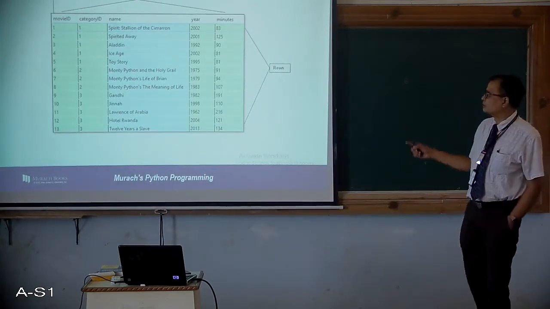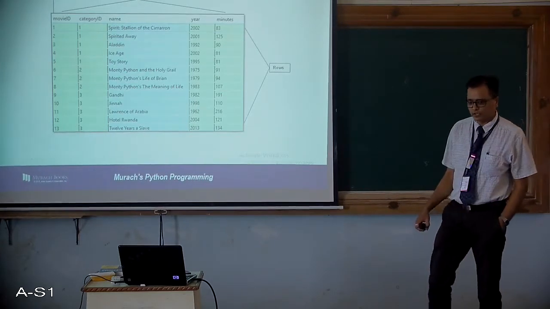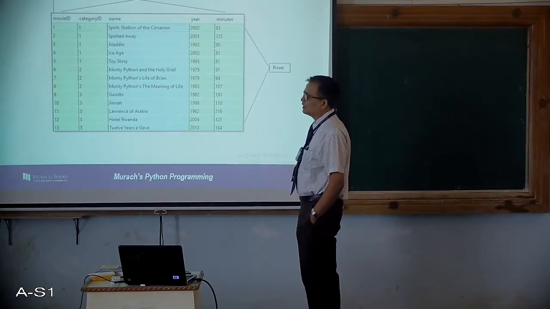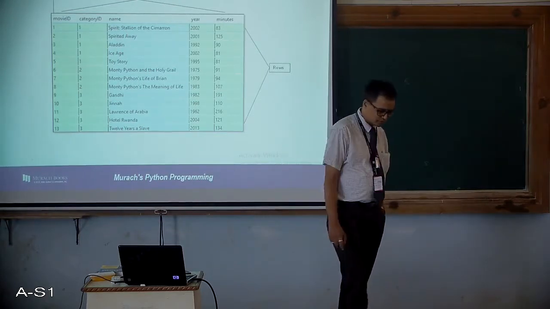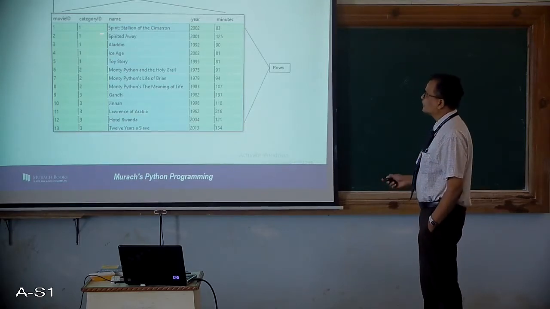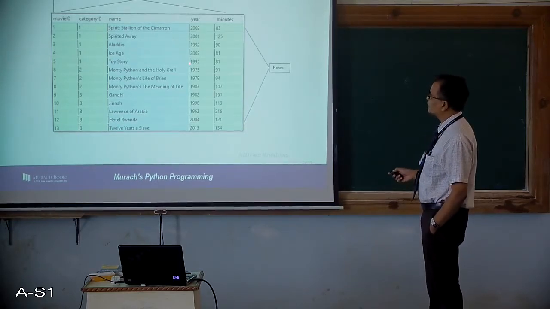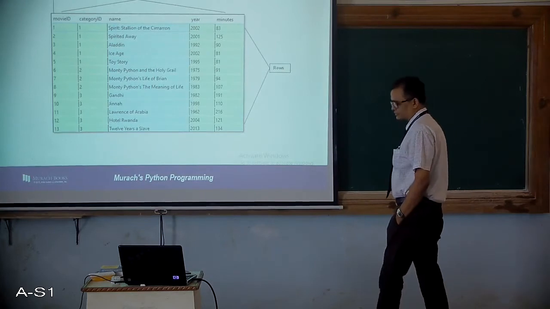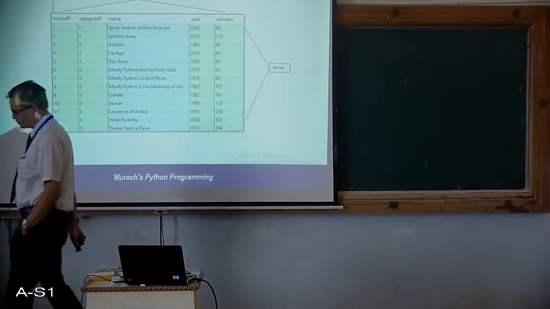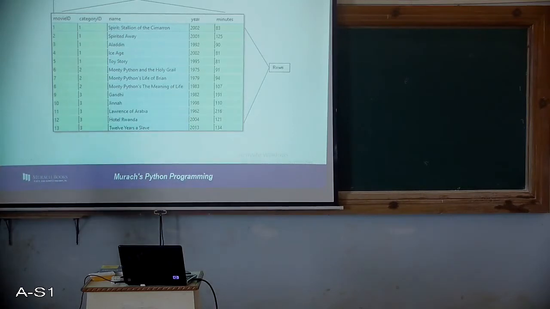In this case, the table name is the movie table. The column names would be the attributes of that class. So movie ID, category ID, name, year, and minutes are the columns for this table, which can go as attributes or data members in a class if you are implementing a class.